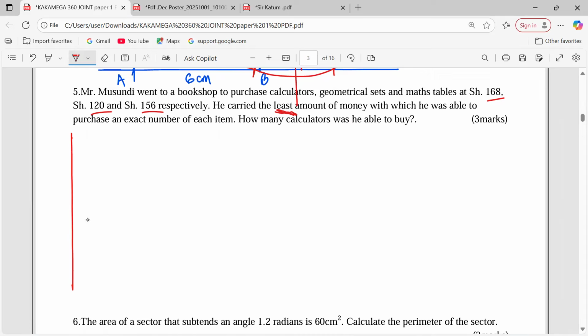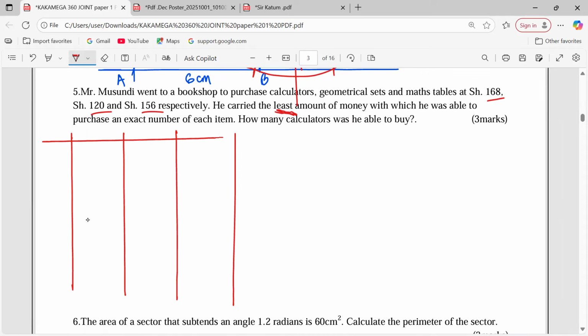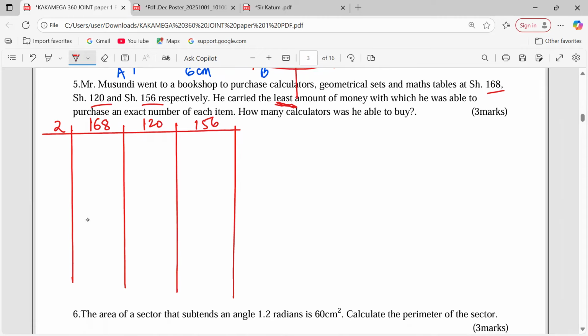So let me give all the factors now. We start with the numbers. We need the least common multiple of 168, 120, and 156. So the first prime factor is 2. 2 can divide 168 to give us 84, 120 to give us 60, and 156 to give us 78.